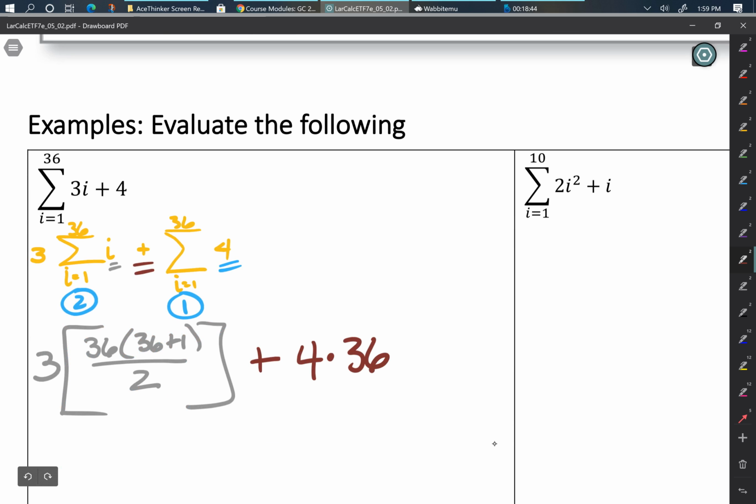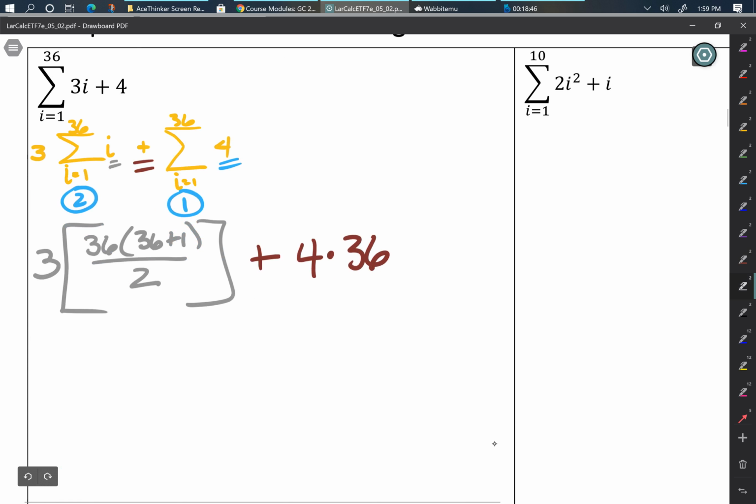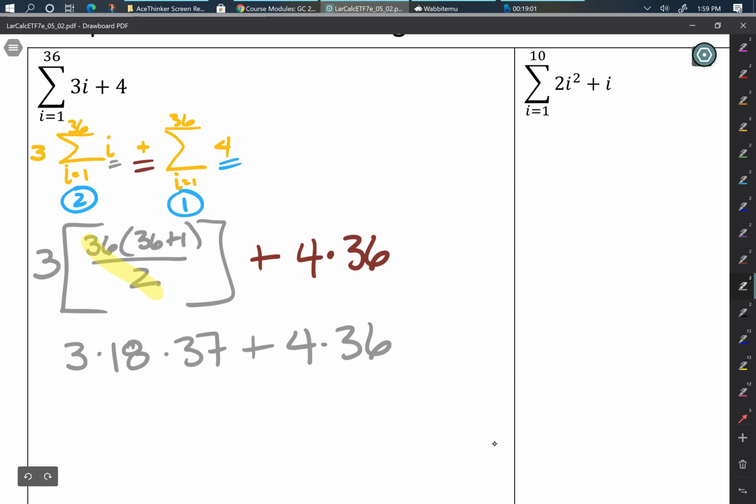All right? Doing a little bit of math here, it looks like I've got 3 times 18 times 37. Okay, if you're wondering where 18 came from, 36 divided by 2. Plus 4 times 36. Let's see, 3 times 18 times 37. I can do a lot of stuff in my head, but I'm just not feeling it right now.